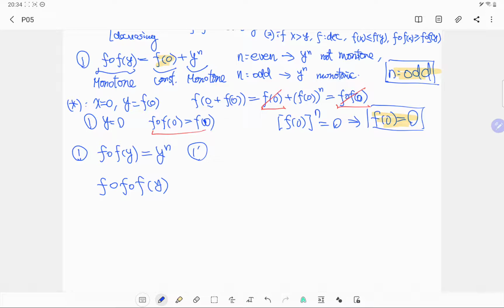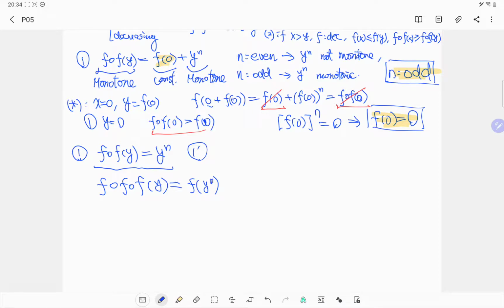This can be evaluated in two ways. You can apply f on both sides, which means on the left hand side it is f of f(y), and the right hand side will be f(y) to the nth power.